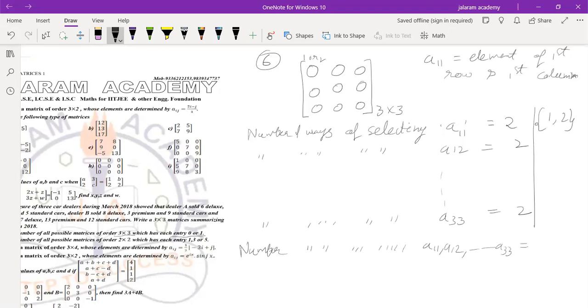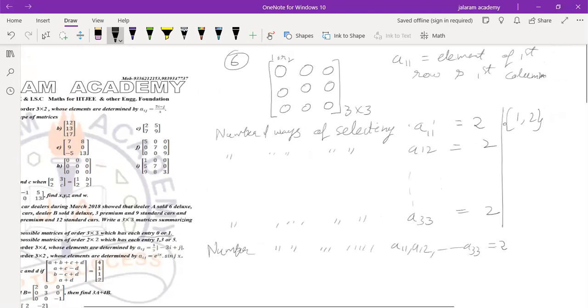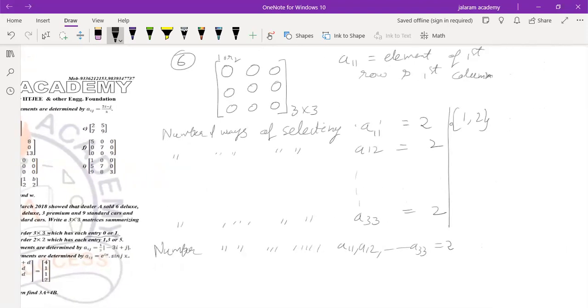There are 9 elements in all, and we use the fundamental principle of multiplication, which says that we multiply all the numbers. So 2 into 2 into 2 and so on up to 9 times, that is 2 to the power 9. So it is 512.